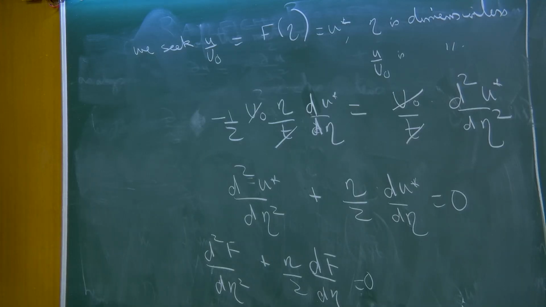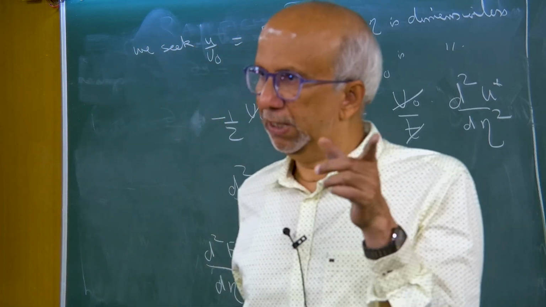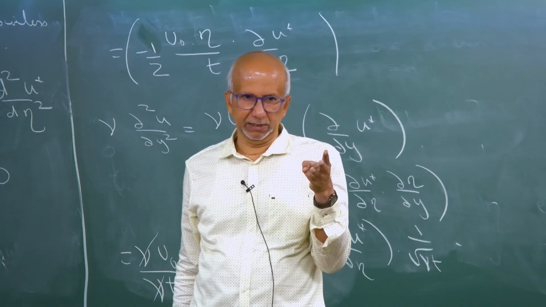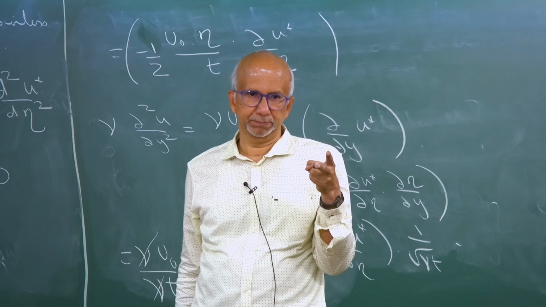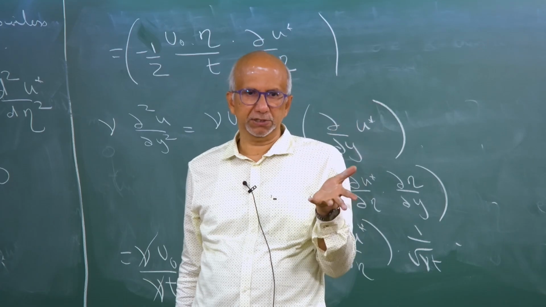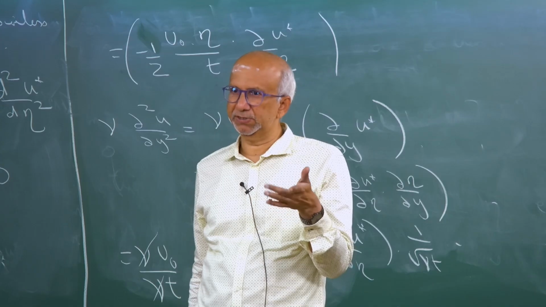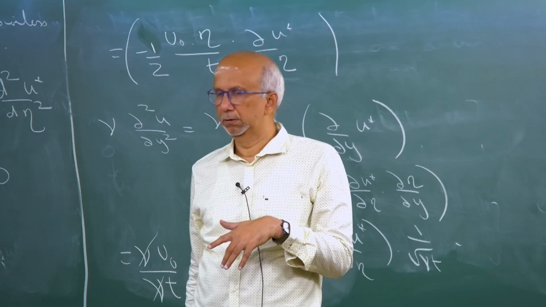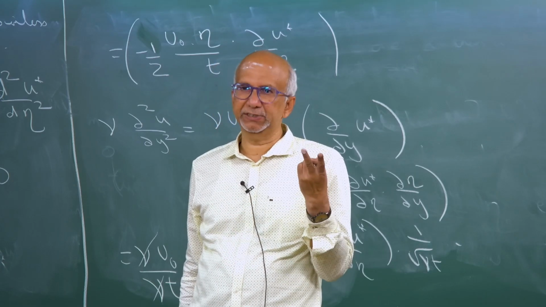Now, one thing that you have to understand is my original problem had 3 conditions to be satisfied, 1 in time and 2 in space. After doing all this transformation, I have converted it to a problem which is second order in eta. So, what does that mean? I need only 2 conditions for eta.